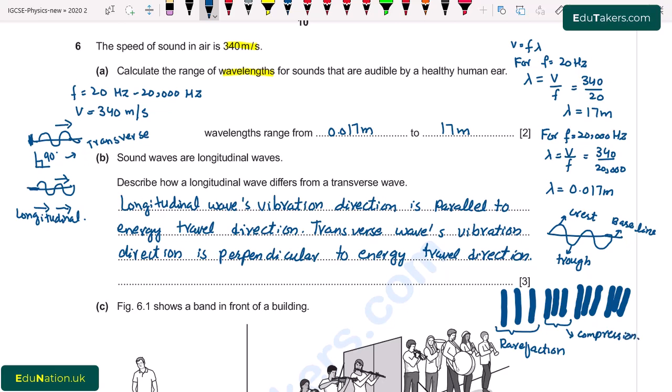So, the transverse wave consists of crest and trough, while the longitudinal wave consists of compression and rarefaction.